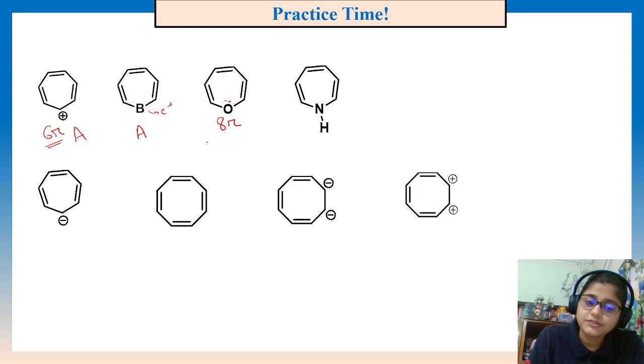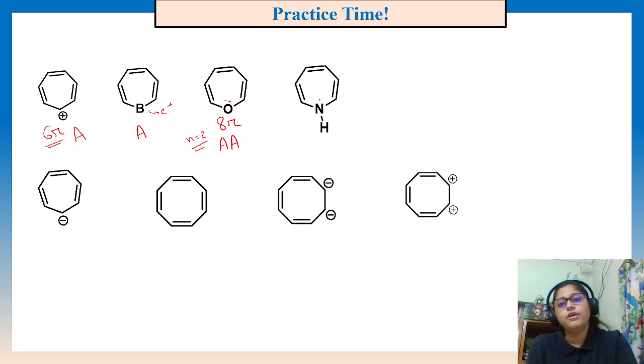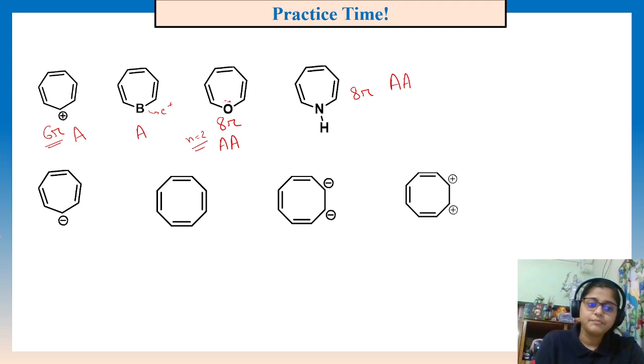So it is following 4n, where n is equal to 2 here, right? It will be anti-aromatic. Here 1, 2, 3, 4, 5, 6, 7, 8, 8 pi, again anti-aromatic. Here too, 8 pi, the same, anti-aromatic.